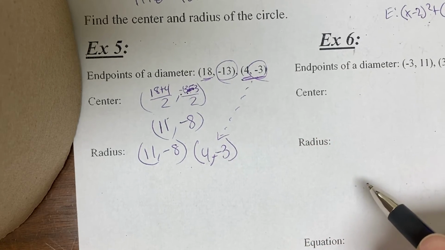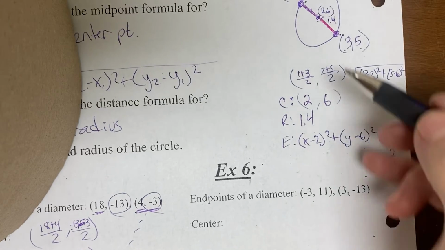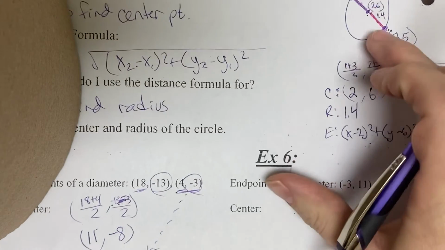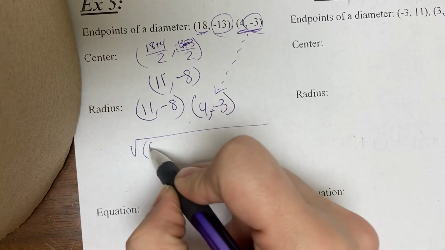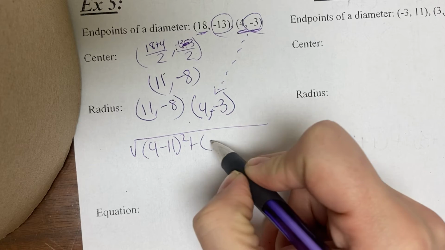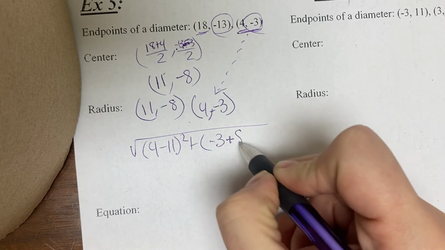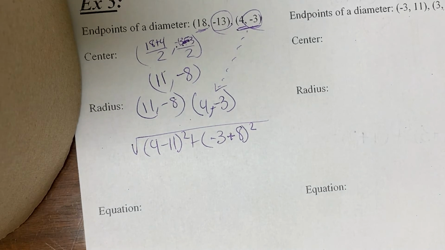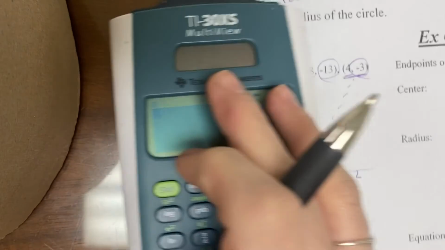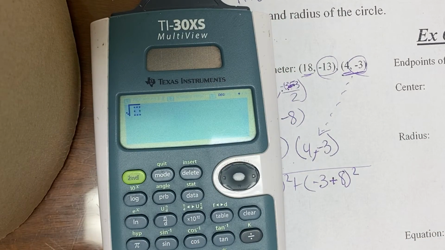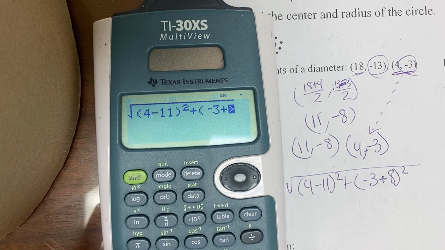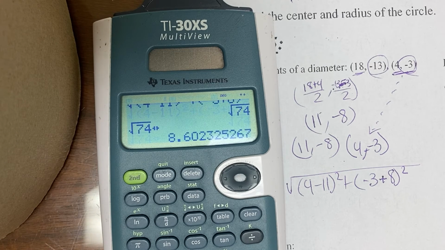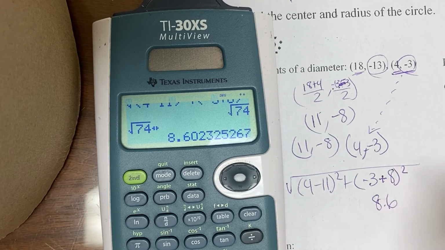And then I need to know the distance between my center point and a point on the circle, which gives me my radius. So 4 minus 11. Negative 3 minus negative turns into plus 8. And then this will give me my radius, 8.6.